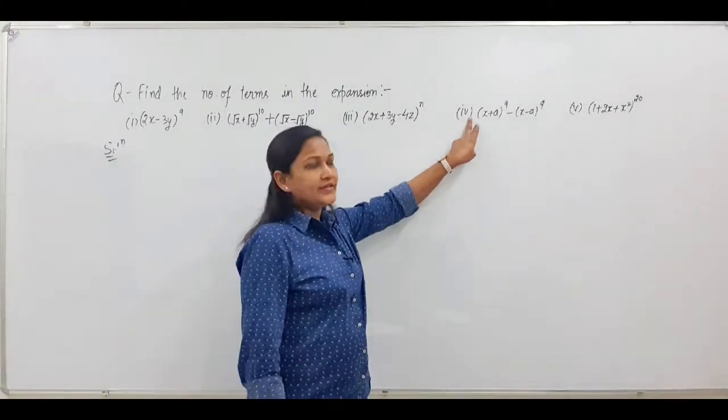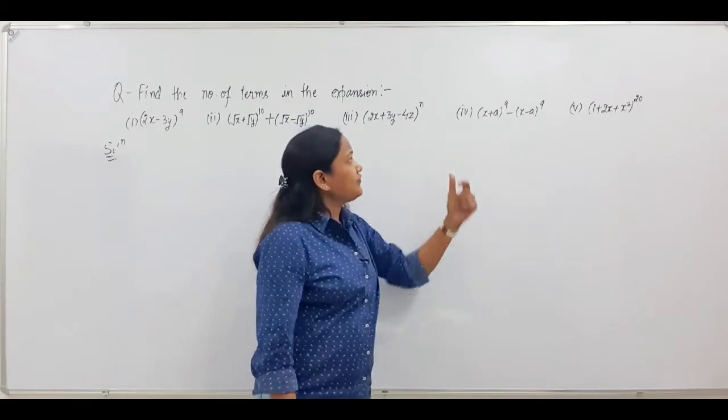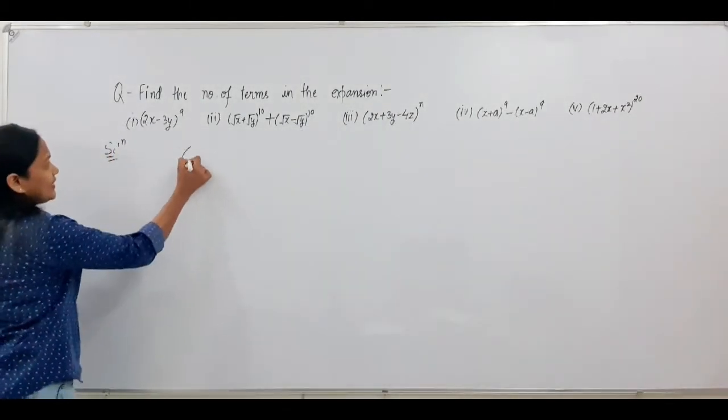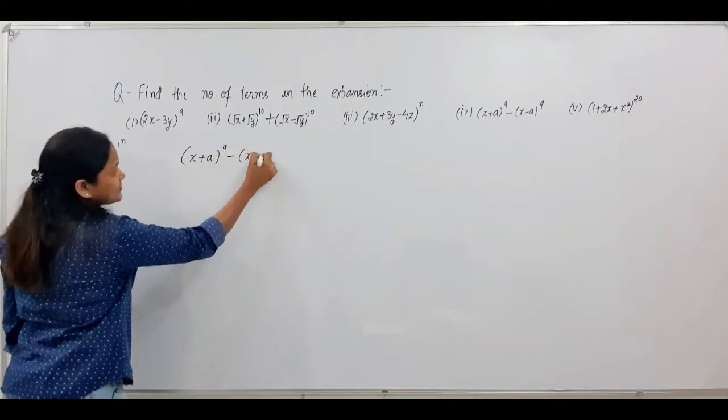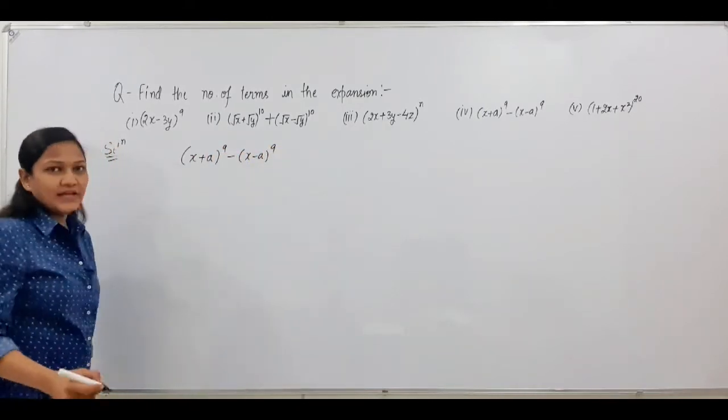Our next question is, you have to find the number of terms in (x + a)^n − (x − a)^n.